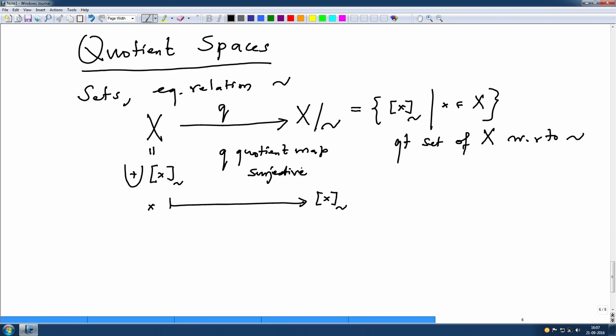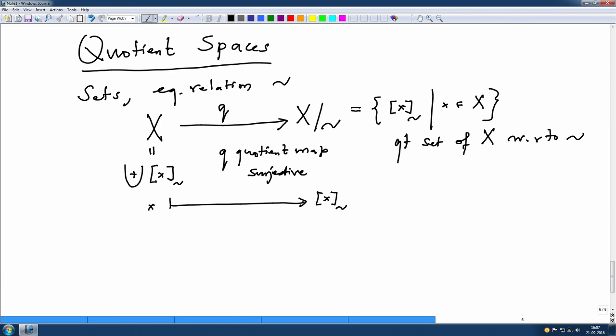One usually studies a set with an equivalence relation together with this quotient map and quotient set, because when you know all equivalence classes very well, then you can put the information together to get information about X.